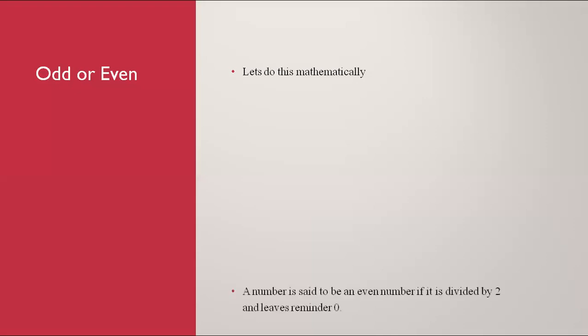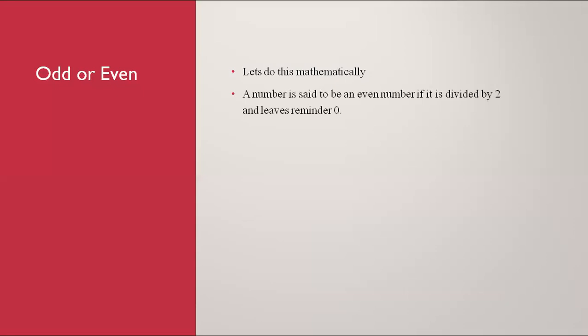See, there is a very simple funda you need to know while writing odd or even. Let us do this mathematically first. How do we say that a number is odd or even? A number is said to be an even number if it is divided by 2 and leaves a remainder 0.